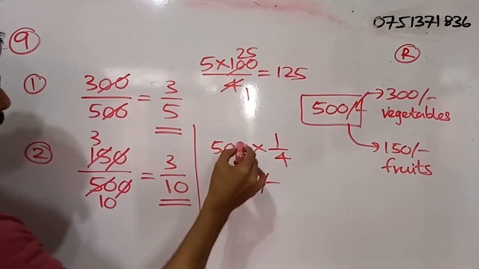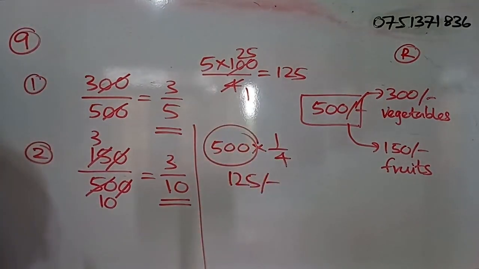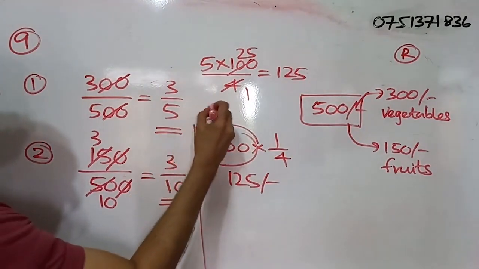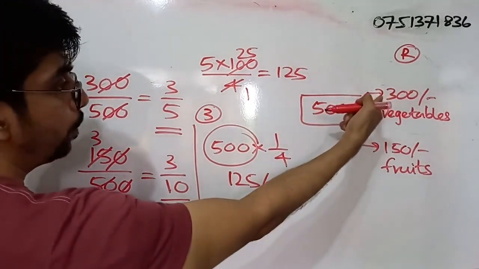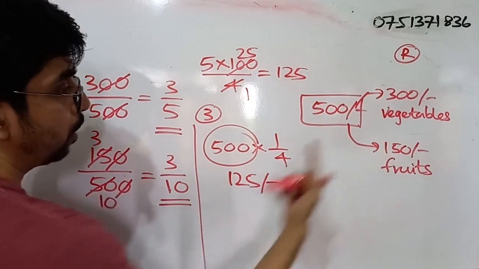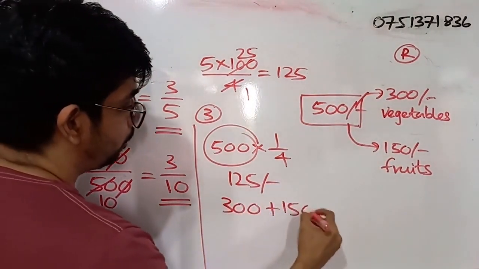That means a quarter from 500. But, so this is the third part. She spent 300 rupees on vegetables, 150 on fruits. So what is the total amount? 300 plus 150.